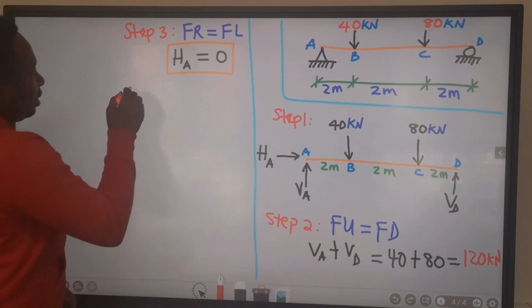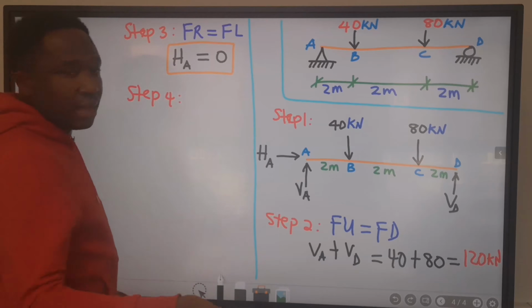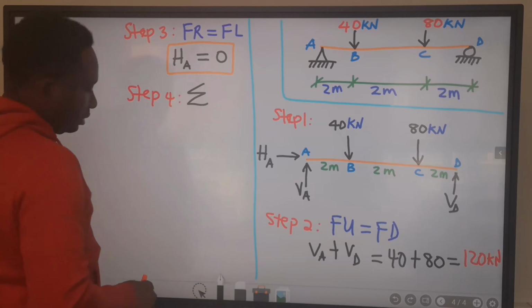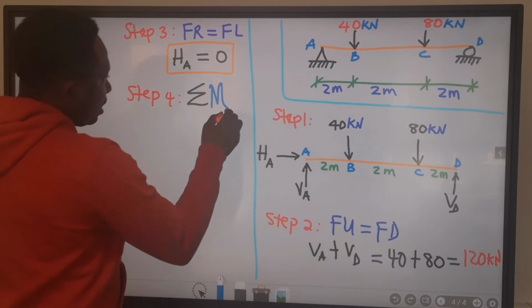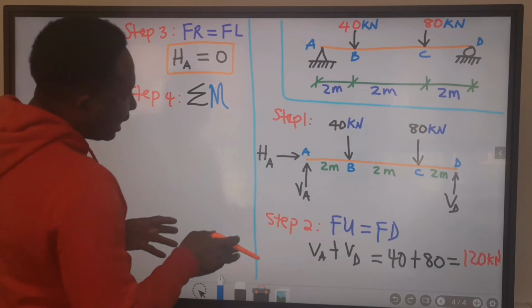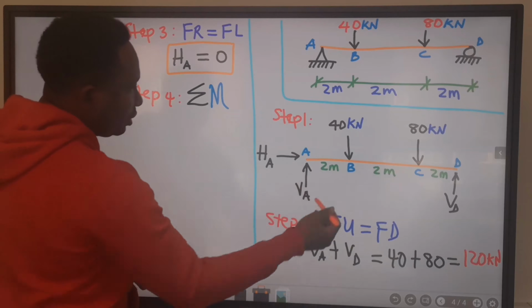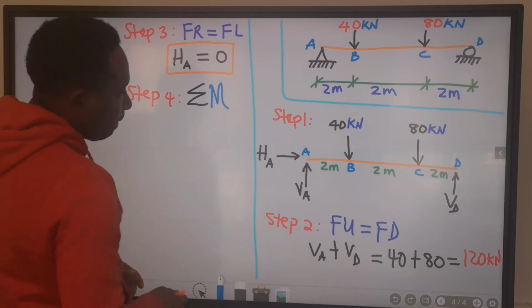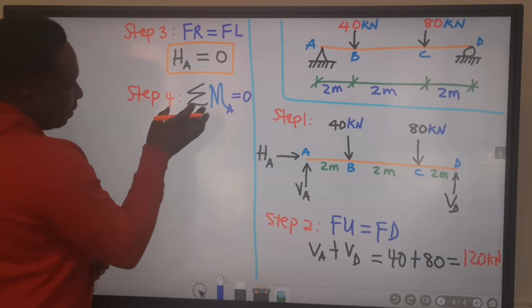Next, step 4. In step number 4, we are going to say that the summation of all the moments acting at a point, it can be point A, B, C, or D, but here we are going to say for point A, is equal to 0 mathematically.